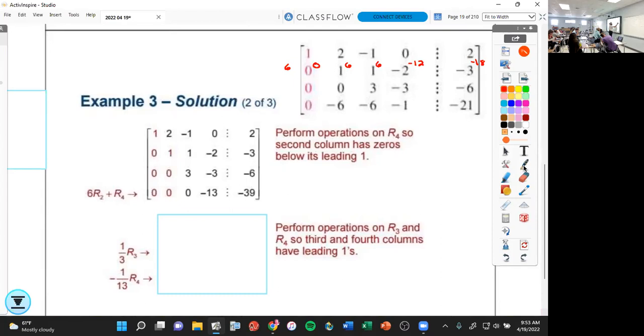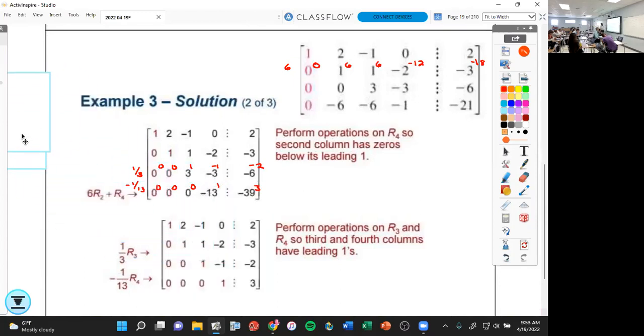If I multiply row 3 by 1/3, I get 0, 0, 1, -1, -2. If I multiply the last row by negative 1/13, I get, okay.